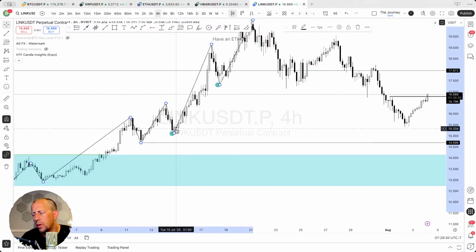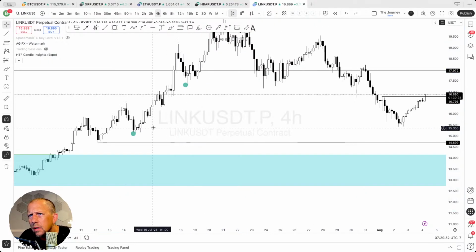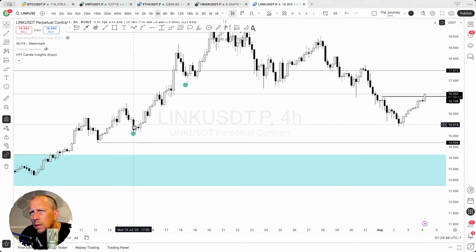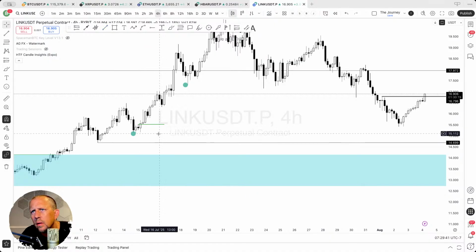There's some stuff on some lower time frames in here that's kind of interesting. Yeah, there's slight inefficiency coming out of here.